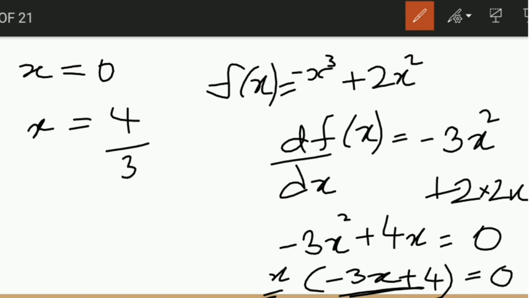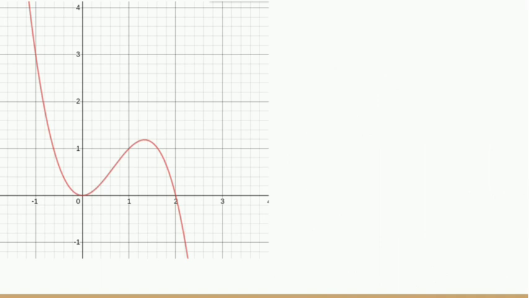So we have 2 points. Now we need to know which is the maximum point and which is the minimum point. For that we need to find the second derivative. Before that, let's try to plot the graph of this function. The graph of the function will look almost like this.